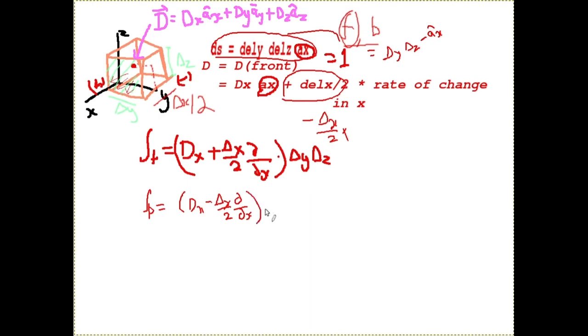So this is what I'll get, the inner dot product. And here what I have is minus delta y and delta z.